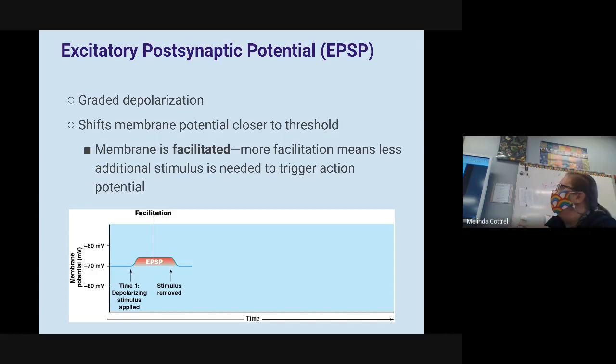It's called facilitation when the membrane is closer to threshold. More facilitation means less stimulus is needed. If it's facilitated, it means it doesn't need as many of the impulses from the stimulus to continue depolarization. So excitatory, think depolarization.